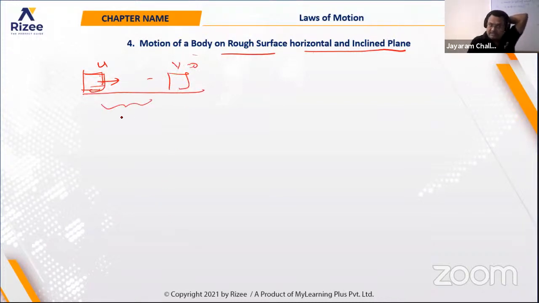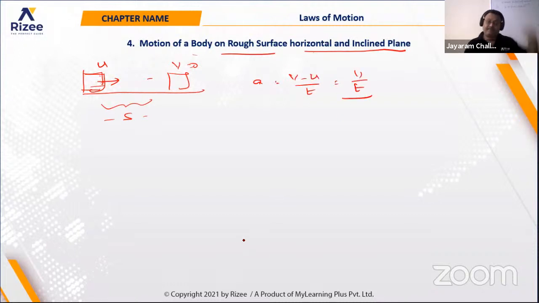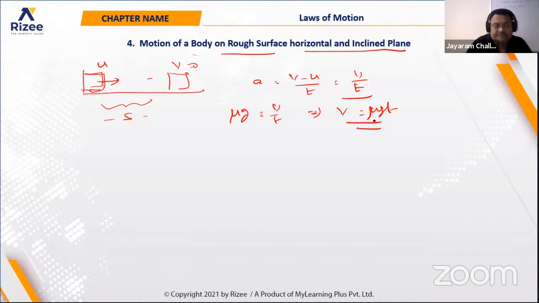Because over this distance, the friction force is stopping it. So the acceleration can be applied here: a is equal to (v minus u) by t. With u equal to zero, it is v by t. So mu g is equal to v by t, that is v is equal to mu g t.